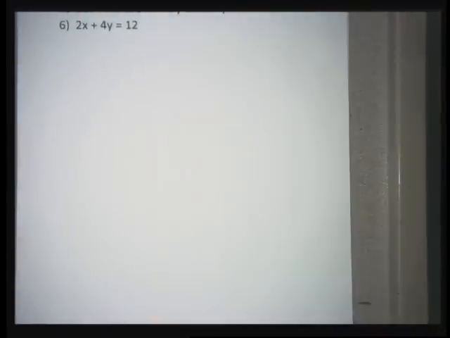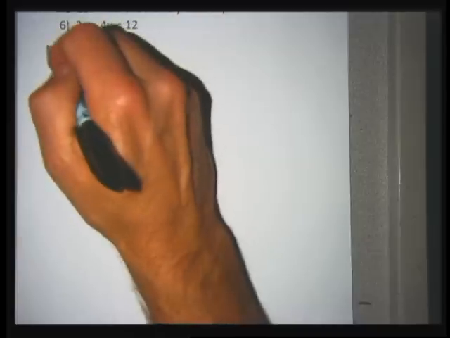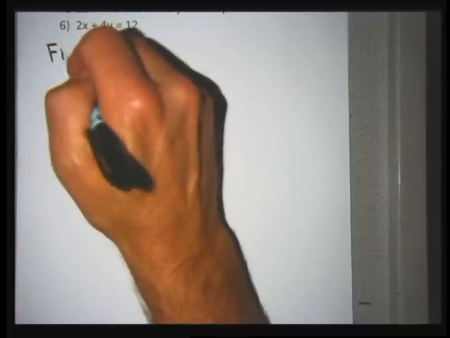The next group of problems, same instructions, find the x and the y-intercepts. Not so nice because I don't have a picture. And if I don't have a picture, that means I have to do algebra. It's not terribly hard algebra until we get into factoring problems.